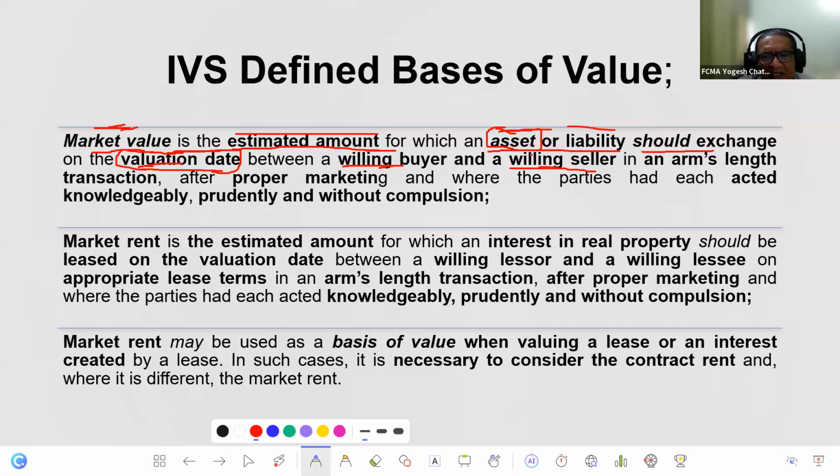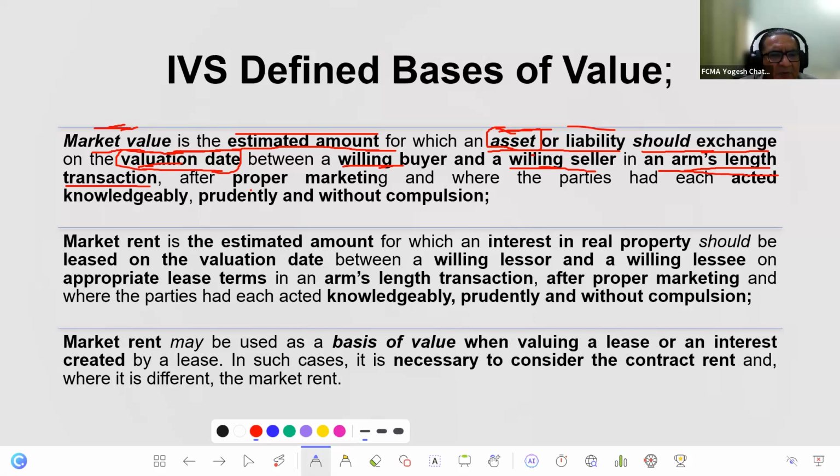So, a willing buyer and a willing seller in an arm's length transaction. Arm's length transaction means a transaction between two unrelated parties. In other words, the valuer will base the estimate on an unrelated party transaction, not a related party transaction.